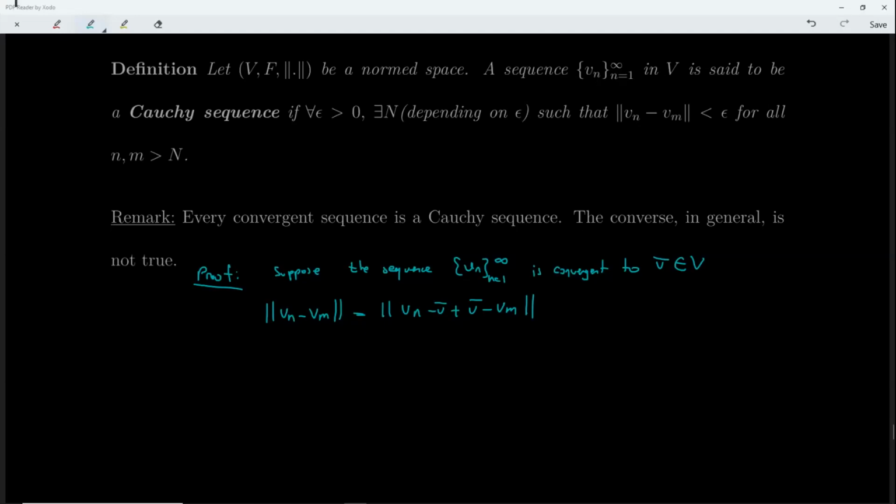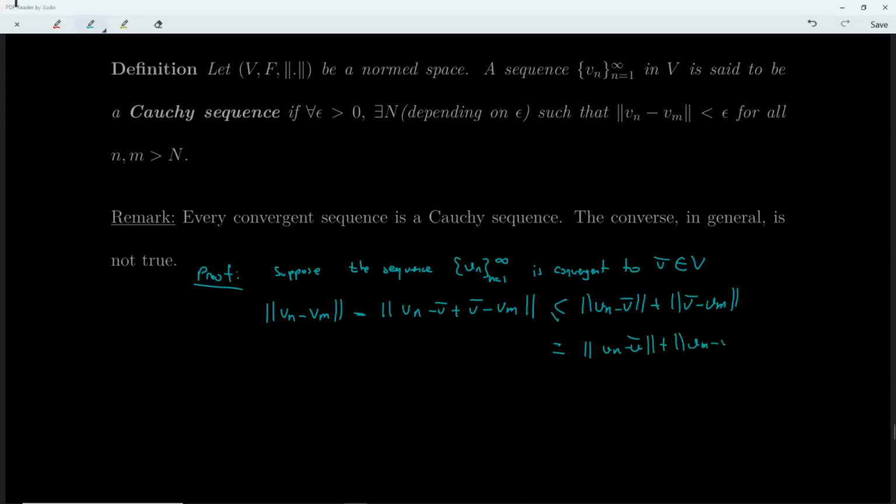According to the triangle inequality, that is less than or equal to the norm of Vn minus V bar plus the norm of V bar minus Vm. Since the sequence Vn is convergent, as n and m go to infinity, that sum goes to 0.